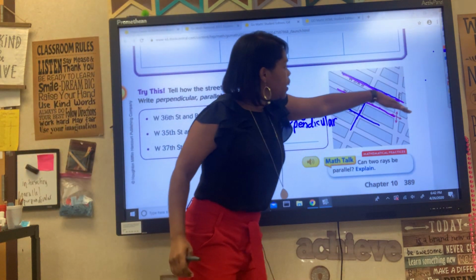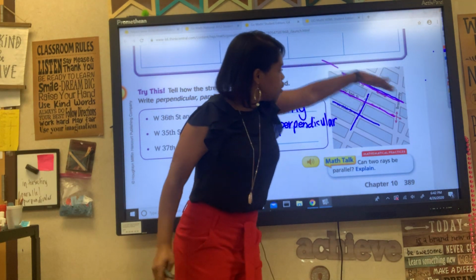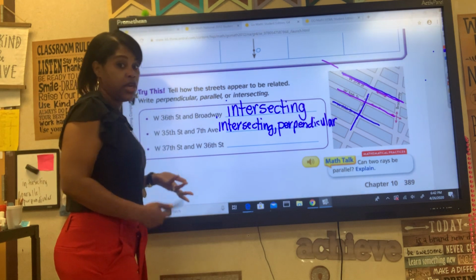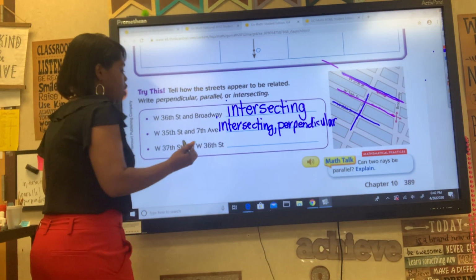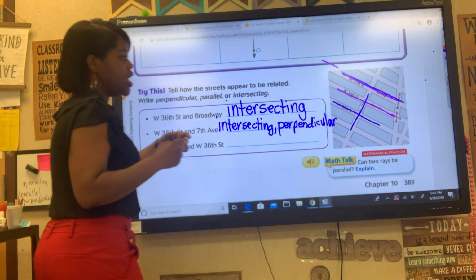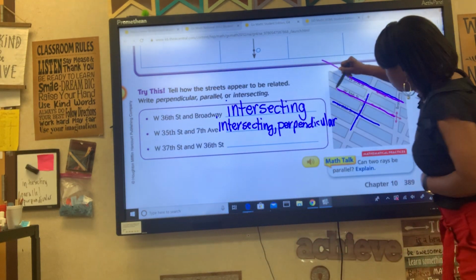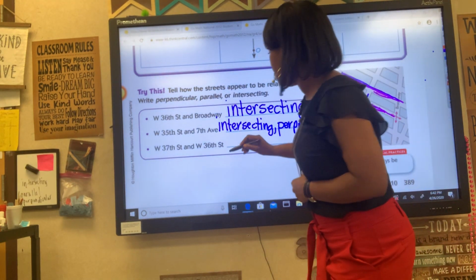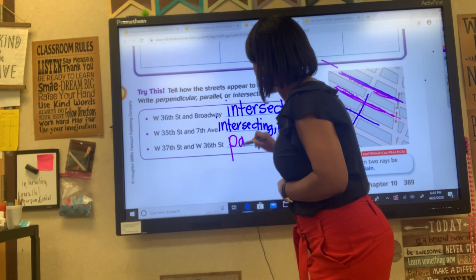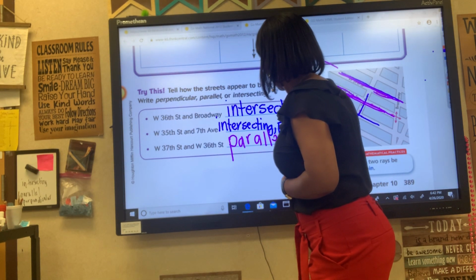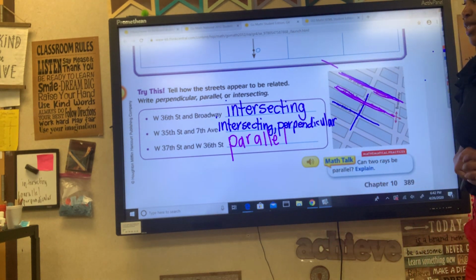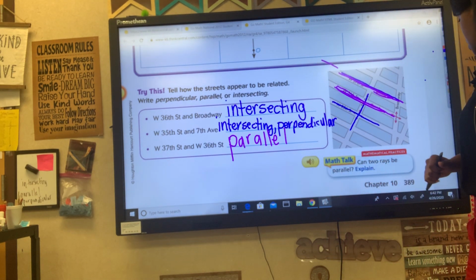If one is going in this direction and this one is going in that direction, will they cross? No. So those streets are parallel to each other, and you can see a pair of L's. So we're going to write parallel for West 37th Street and West 36th Street.